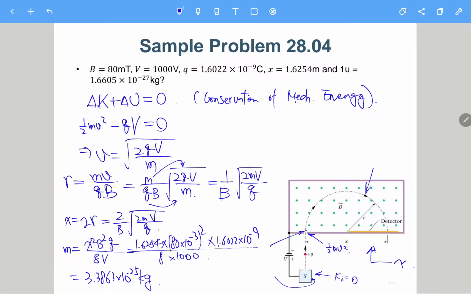And then we would like to express it in u. So we need to divide this number by 1.66 times 10 to the minus 27. So it would be 203.93 u.